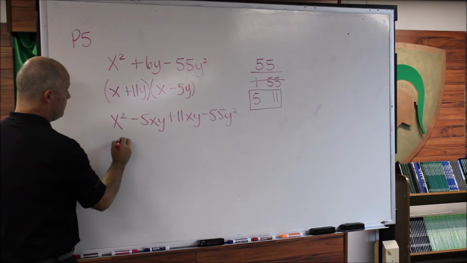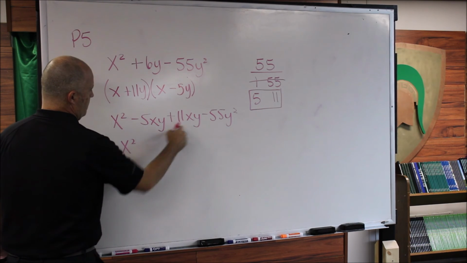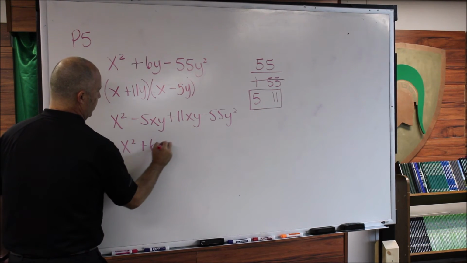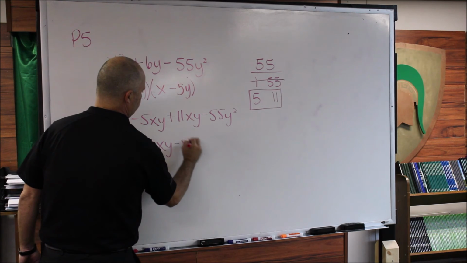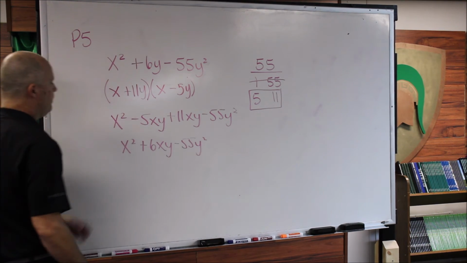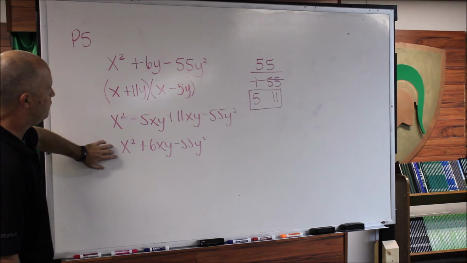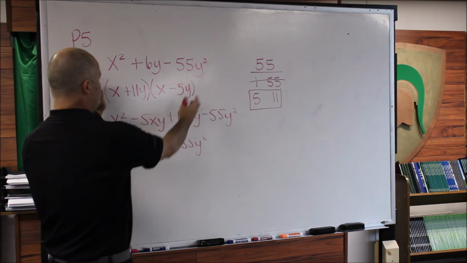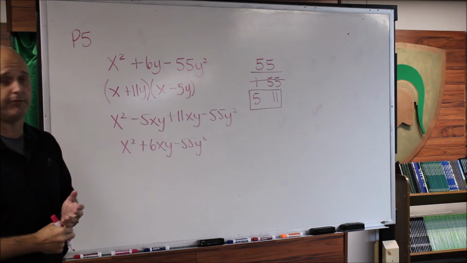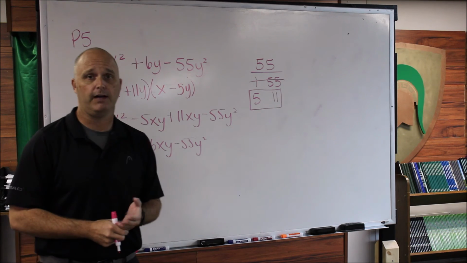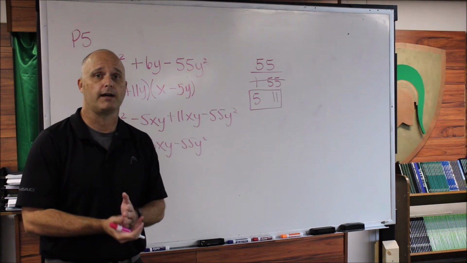Combine like terms: x squared plus 6xy minus 55y squared. And you can see that these two do match up. So we know that this factor pair, x plus 11y times x minus 5y, is our correct factor pair.